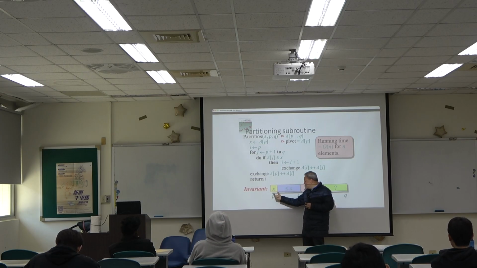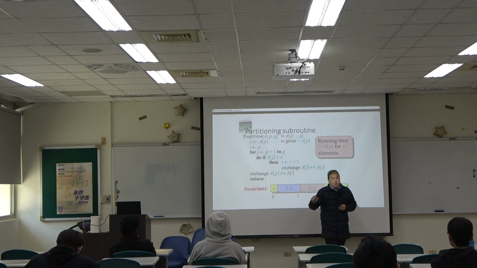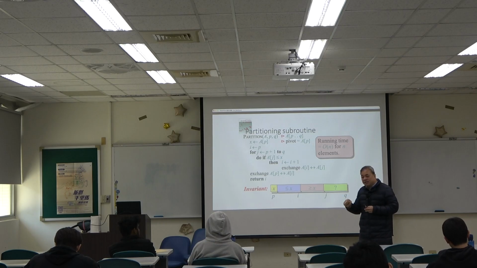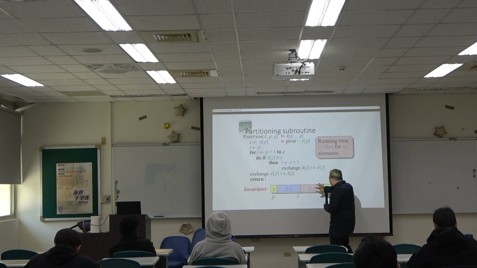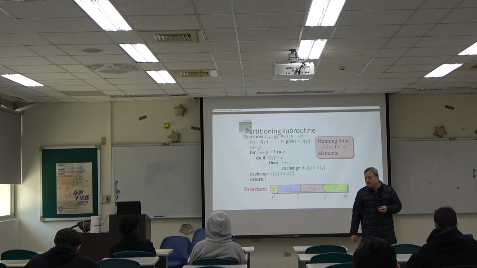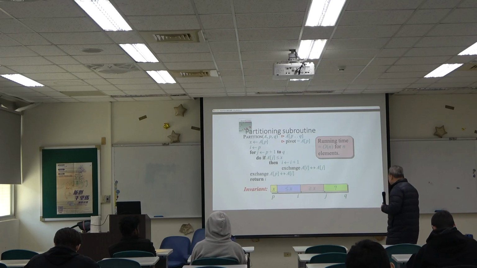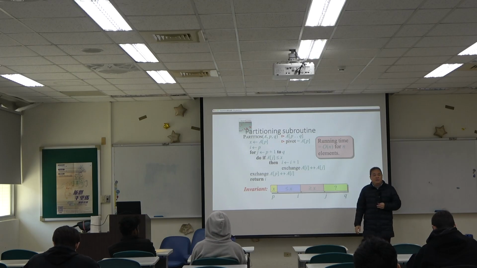Okay? So this purple part is the area where we are already sure the elements are smaller or equal to x. And this orange part contains the elements that we are sure are greater or equal to x. And the green part is the part we do not know yet.